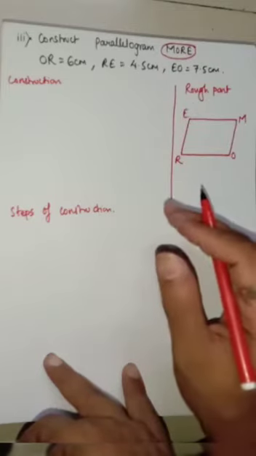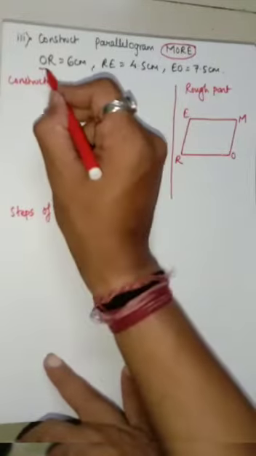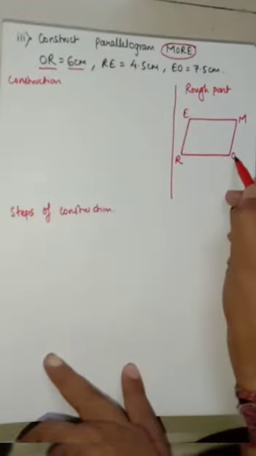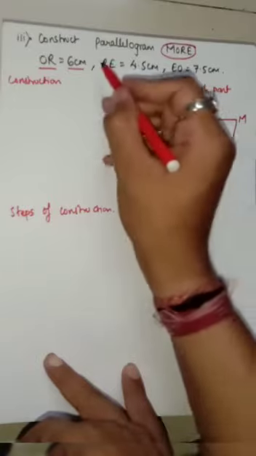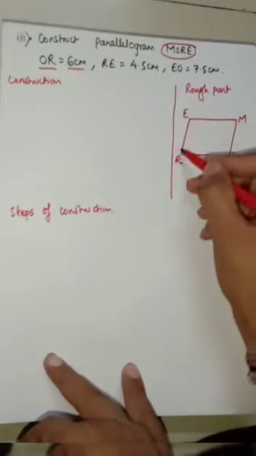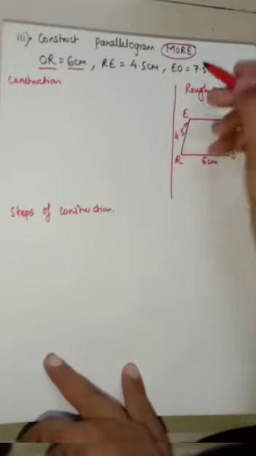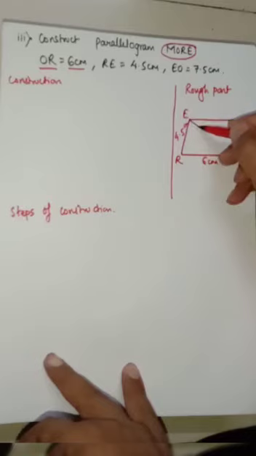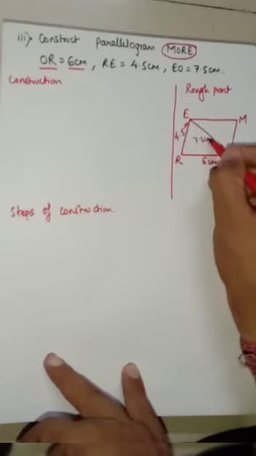Now whatever information is given, we will try to keep that information in this figure. OR is 6 centimeter, RE is 4.5 centimeter, and EO, that is we will join this EO, this is 7.5 centimeter.